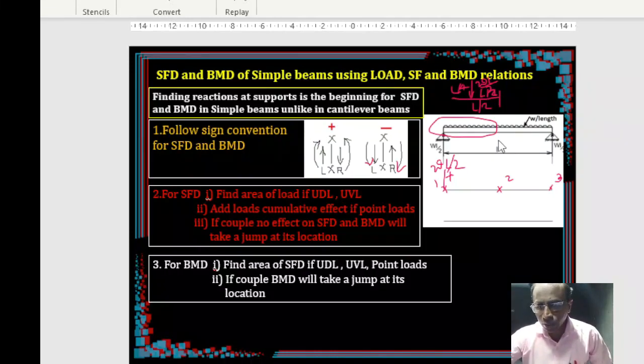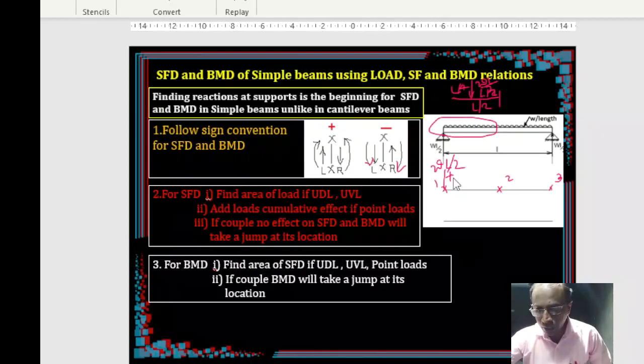Right? So once you have converted this load, we call it WL by 2. As we were moving this way, when we consider the load up to here, it becomes WL by 2.